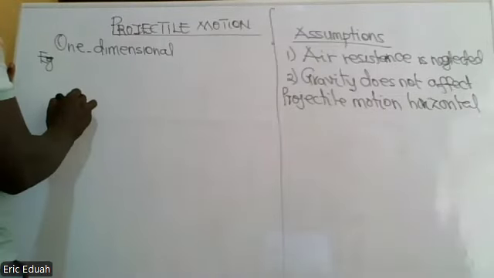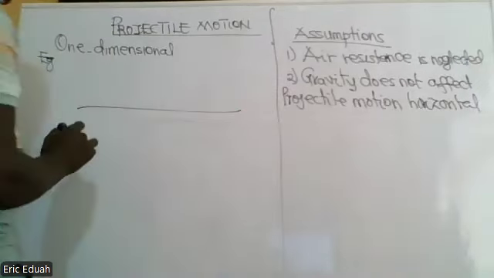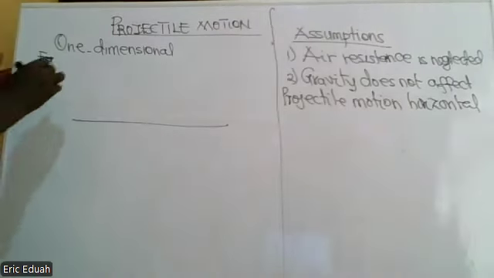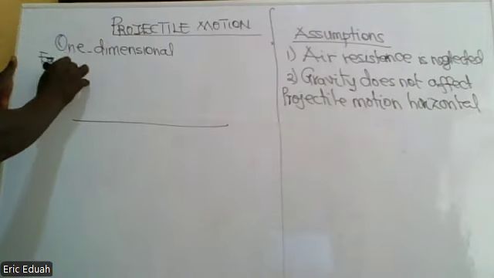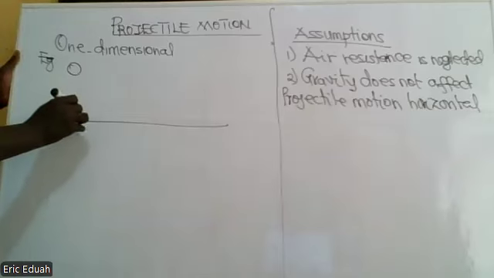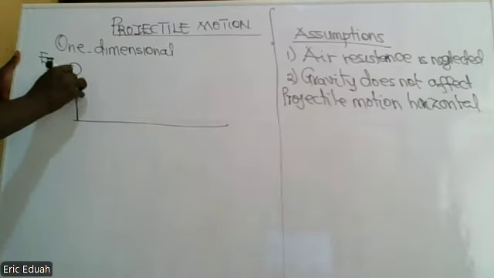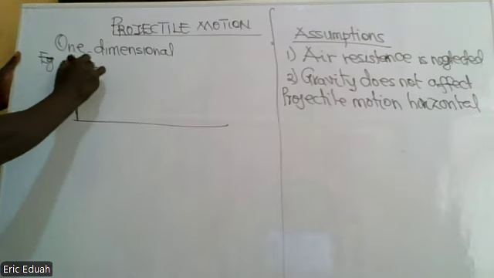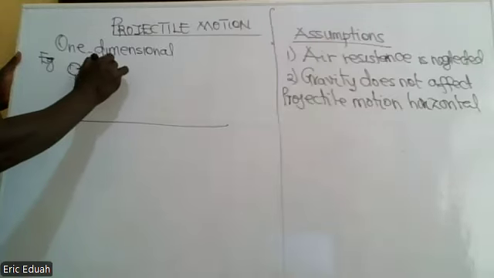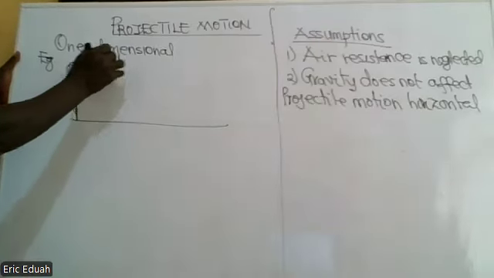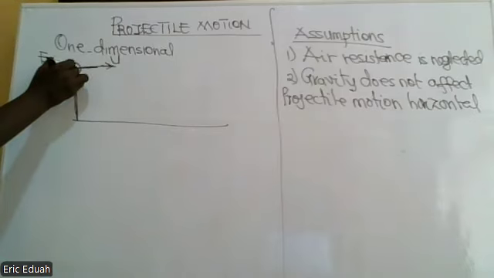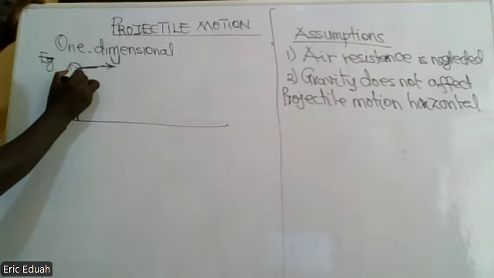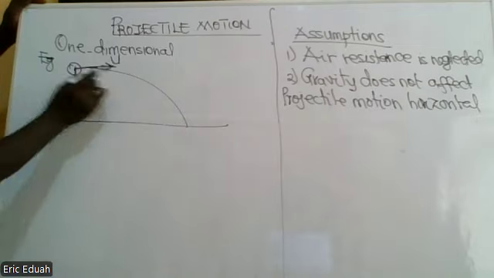So if this is the ground level, this is the tennis ball. The tennis ball is at a certain height from the ground. So when that initial velocity u is given, the trajectory or the path of the ball will be such that it will go and drop to the ground.